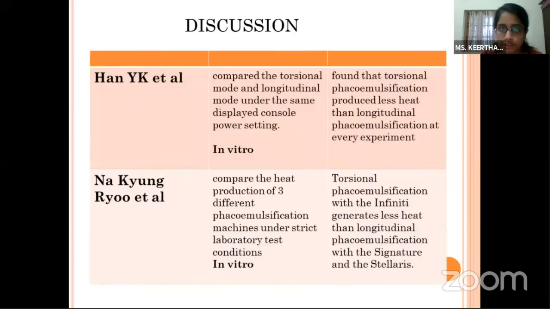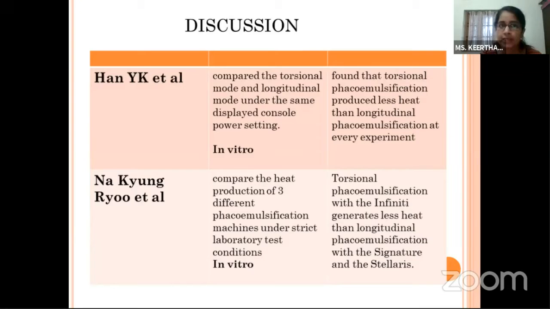Coming to discussion, Han, Vaike et al. compared the torsional mode and longitudinal mode under the same console power settings and found that torsional phacoemulsification produced less heat than longitudinal phacoemulsification at every experiment. Na Ryu et al. compared the heat production of three different phacoemulsification machines, and they found that torsional phacoemulsification generated less heat than longitudinal.